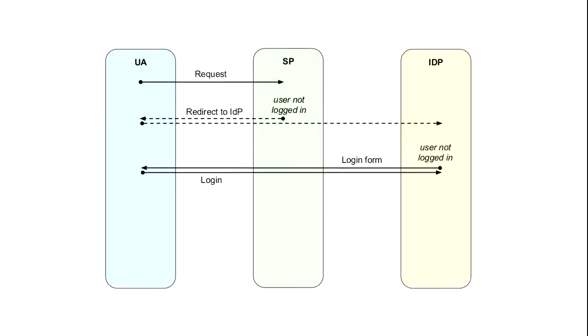If at the identity provider the user is not logged in, then the identity provider has to authenticate the user, and in the common case, it will send a login form to the browser.